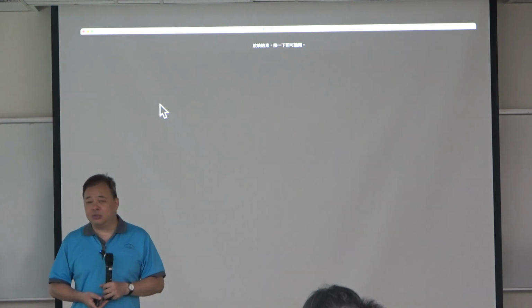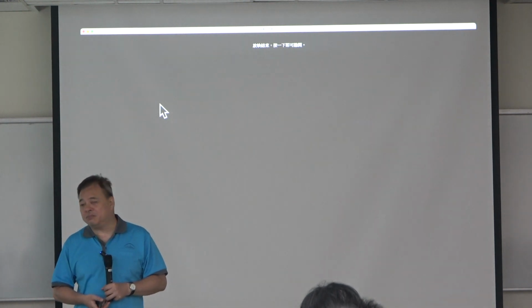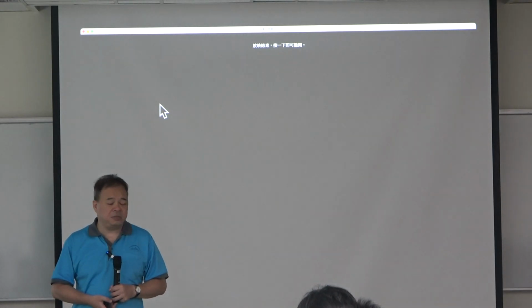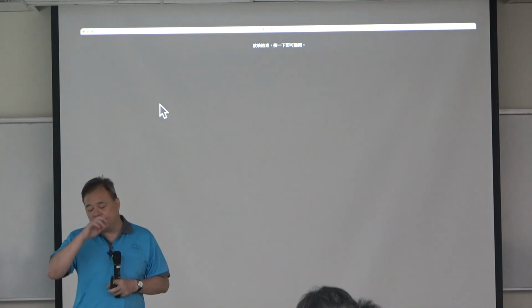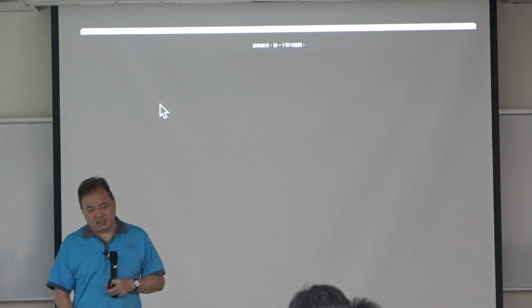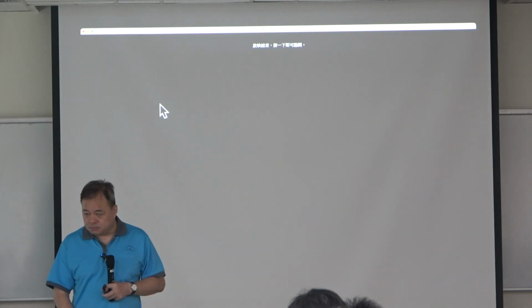There are also, for example, matrix multiplications, a lot of different types of dynamic programming problems. So I'm going to assign some other dynamic programming problems as homework.